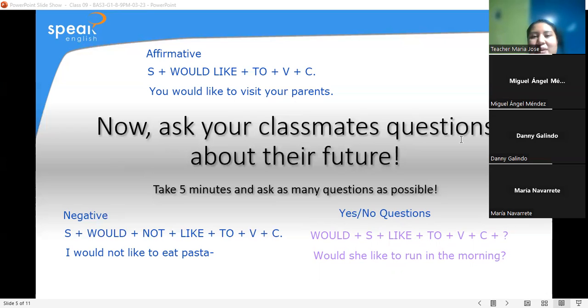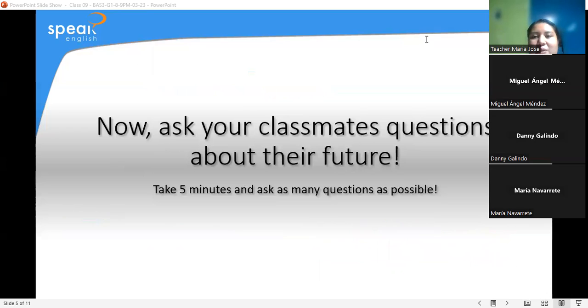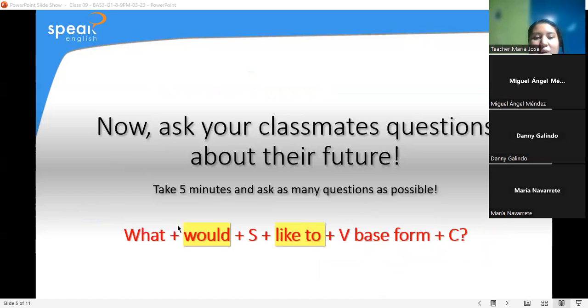Nice. I'm going to clear this so we can move along. As you can see in this part, we also have the structure for the WH question. This is a WH question and we know it because they are using what.